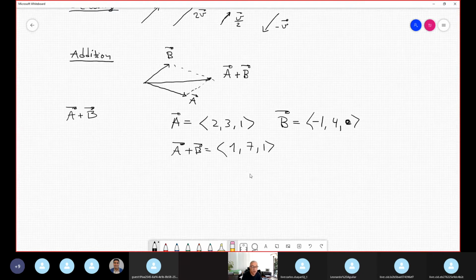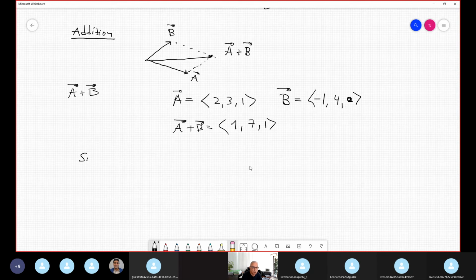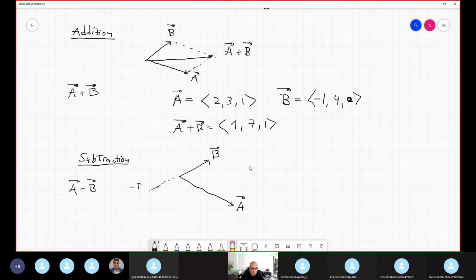Subtraction is, for example, you have the vector B again, same sketch, and the vector A, similar to this. And you want to find the subtraction A minus B. Well, one possibility is that minus B represents this vector, minus B in the opposite direction.